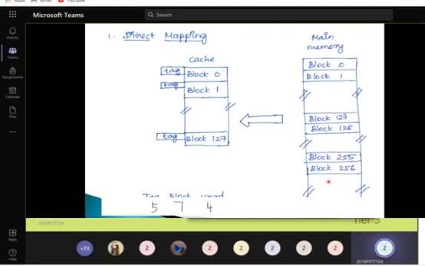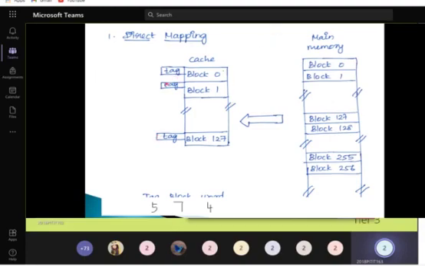Starting from 0 till 256, it will be present in the main memory. What I want to execute will be fetched from main memory to the cache.